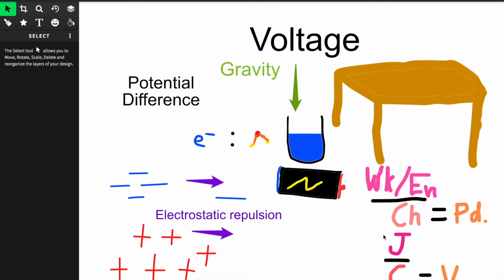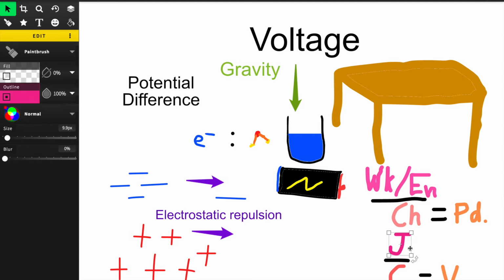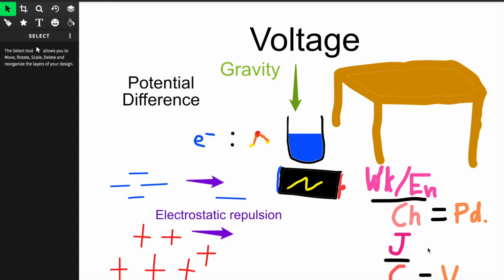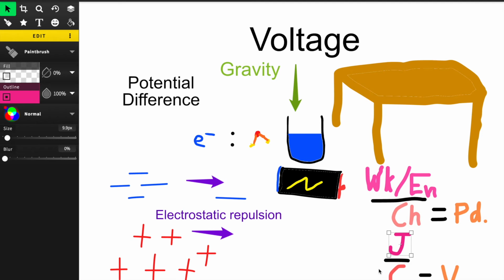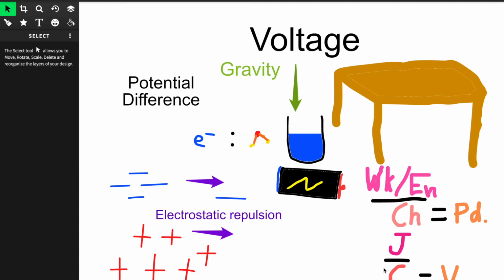Now, some of you may already know this. The amount of energy or work is measured in joules. If not, I will be making videos about that in the near foreseeable future. Don't stress about it. It's just a way of measuring work and energy. So the amount of joules divided by the number of coulombs. Now I've talked about coulombs in my video on charge. It's basically a measurement for how many electrons there are, how much charge there is.